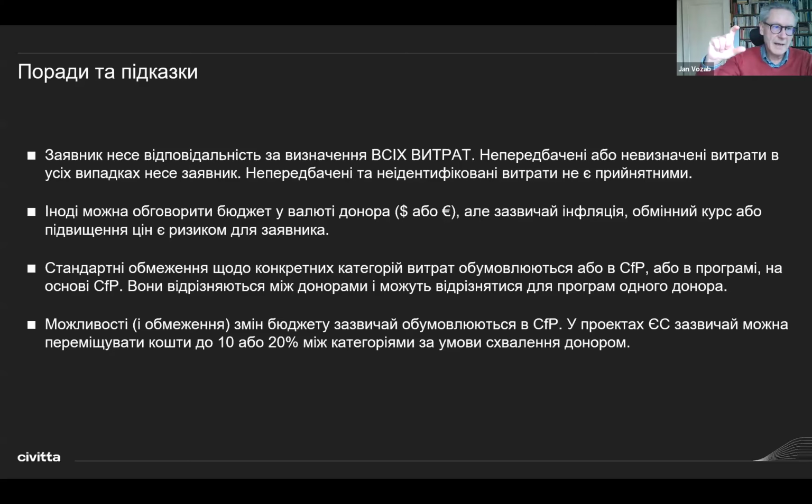And it's just like this set of rules describing all the European rules you have to stick to. And there are also general rules for transferring funds within the budget. But you should read the call for proposals carefully to make sure that you understand the rules.